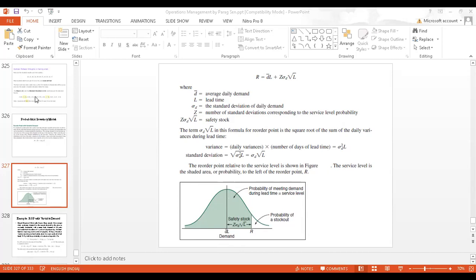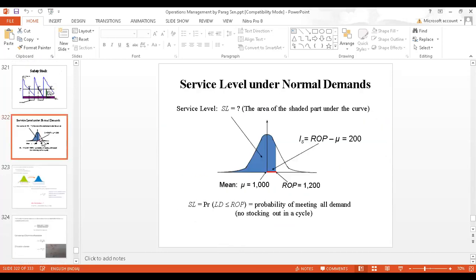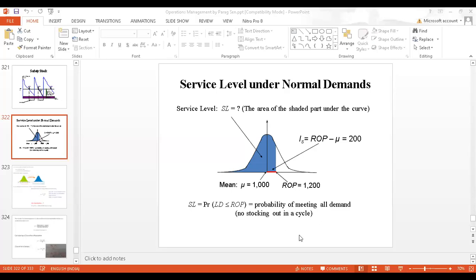You notice this picture. In this picture you can understand that the mean is equal to 1000. What is mean?